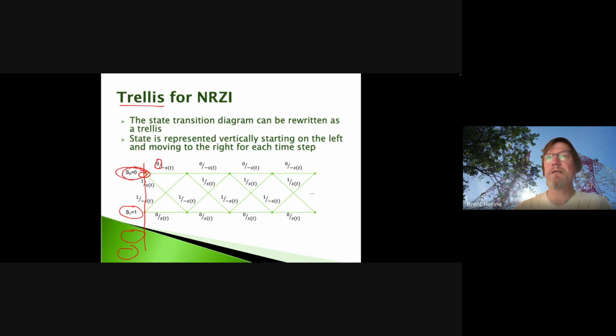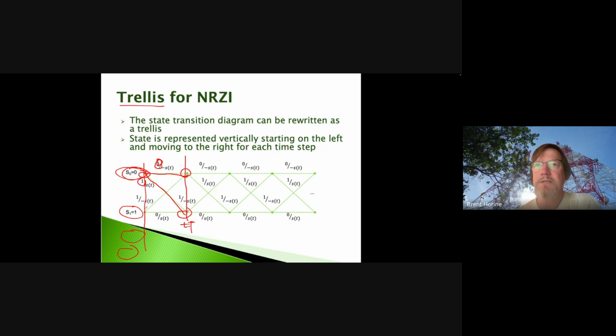Well, if we're in state 0 and we get a 0, then we're going to stay in state 0. We're going to transition to there at our next time step. So this would be t equals maybe capital T. But if we're in state 0 and we get a 1 in, then that exclusive OR is going to give us a 1, so we're going to transition to state 1.